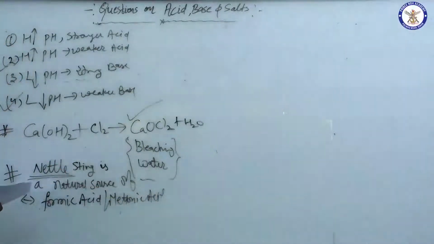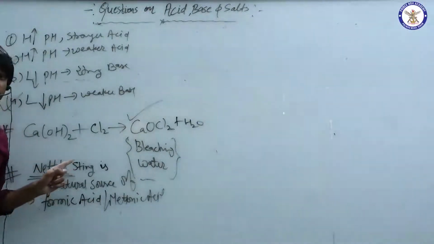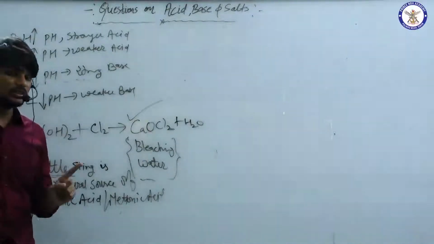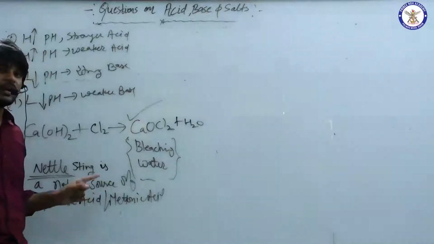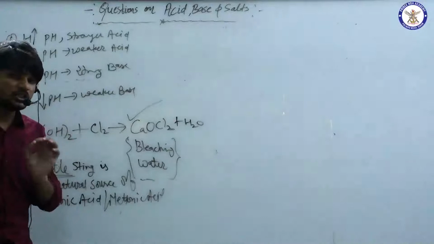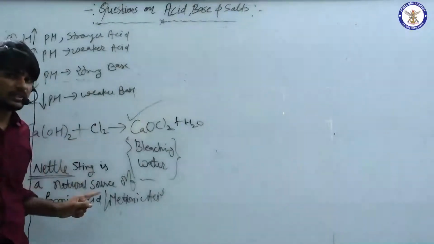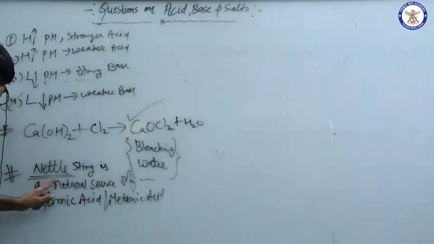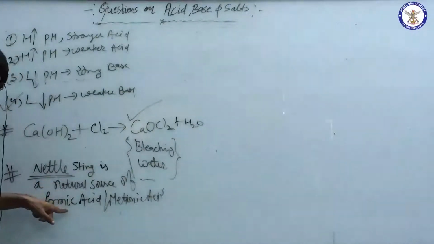Methanoic acid is present in this. So please note down this nettle sting. Nettle is a plant, and there is a plant near to it, that is the dock plant. When an ant bites, it releases formic acid, and what we do is rub moist baking soda, which is basic, to neutralize that. When a nettle plant stings, it also releases formic acid in the skin.